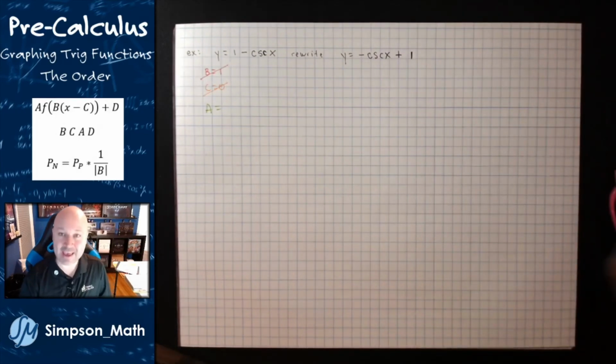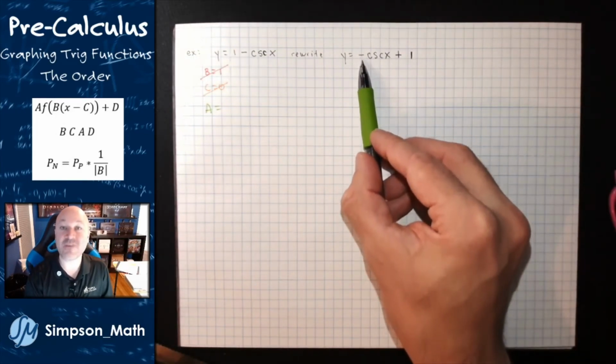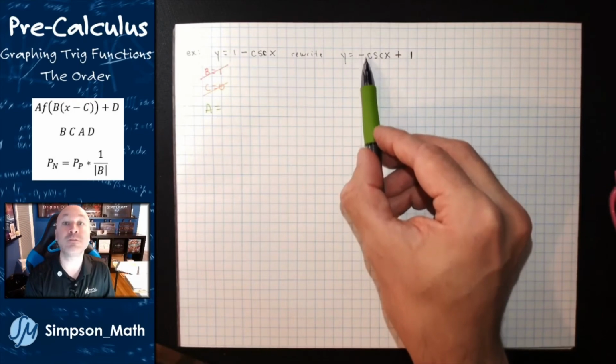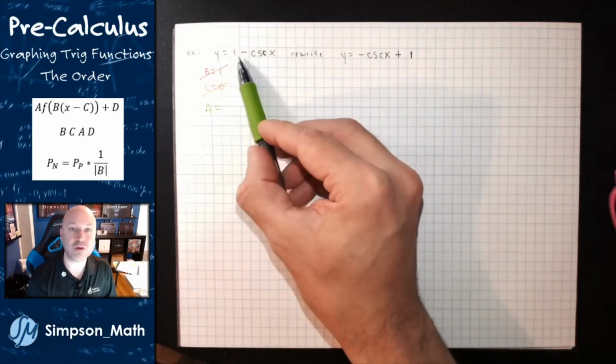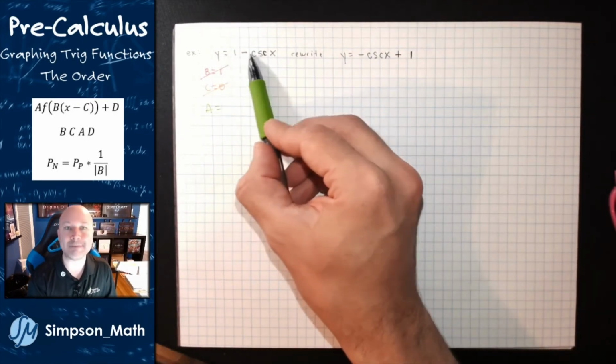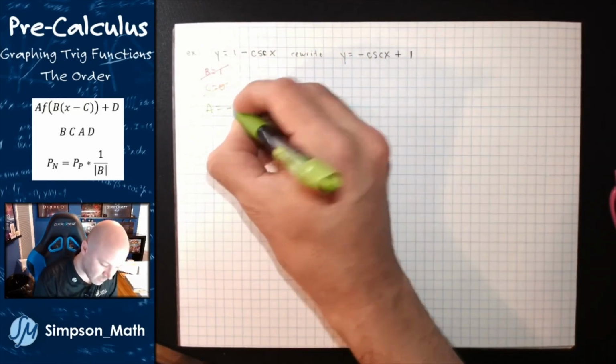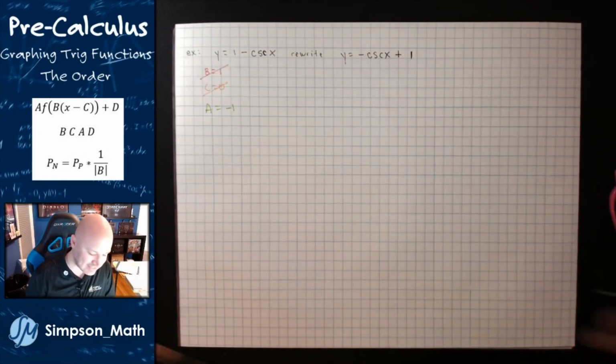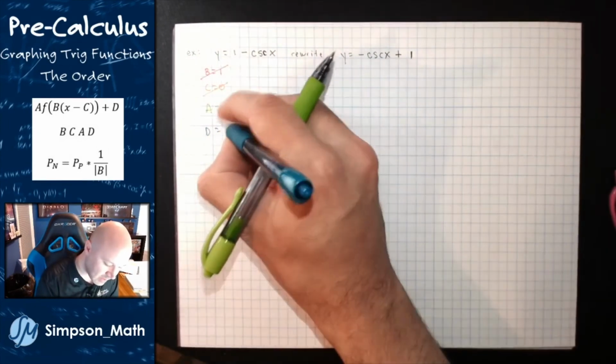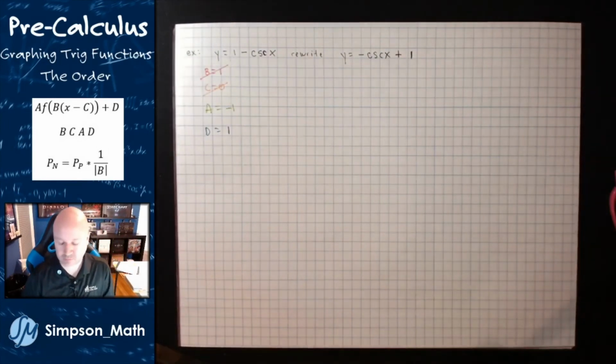Okay, so I've got a value. I think it's clear to see this coefficient, the number multiplied by cosecant. The 1 was not multiplied by the cosecant. It was 1 minus the cosecant. So my a is a negative 1. And then my d is a positive 1.